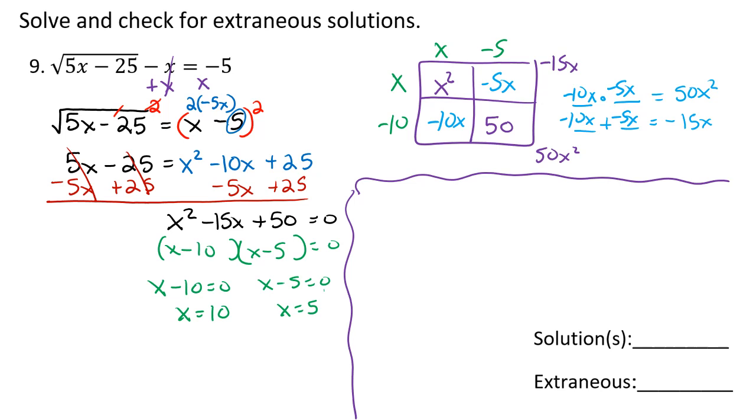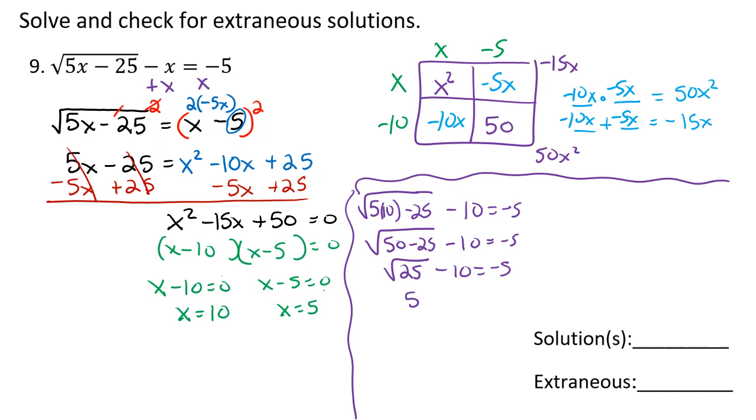All right, so we're going to take the 10 and plug it back into the original. So we have the square root of 5 times 10 minus 25 minus 10 equals negative 5. 5 times 10 is 50, and 50 take away 25 is 25.